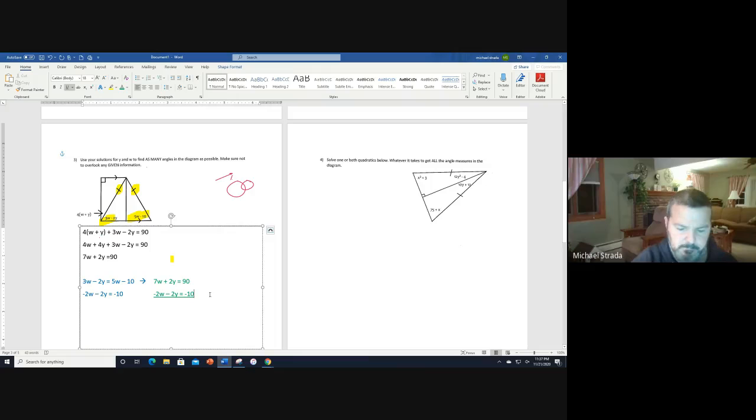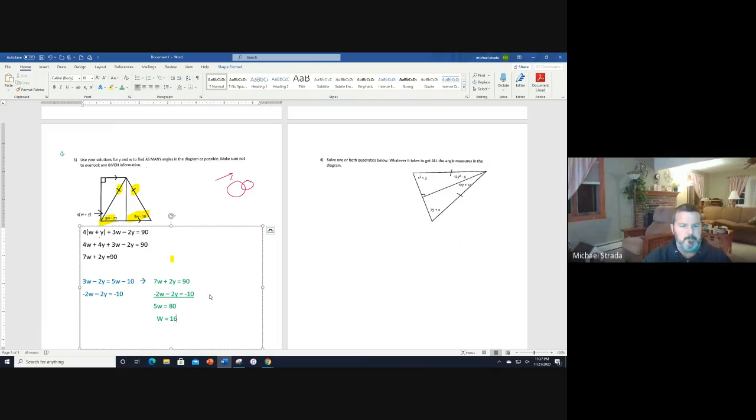And when I subtract straight down, because that's what I'm going to do with elimination, I'm going to realize the y's cancel out. So now I got 5w equals 80. And that gives me w equals 16.